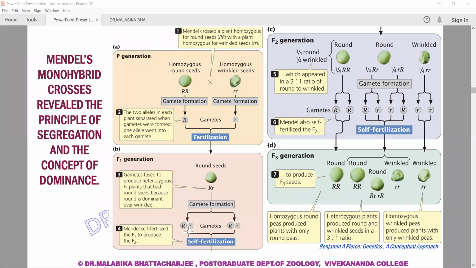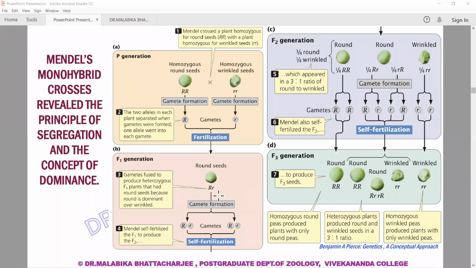Now the most important part of the conclusion from this cross was the concept of dominance. He proposed that the traits that remain unchanged in the F1 heterozygous offspring, Mendel called them dominant, and the traits that disappeared in the F1 heterozygous offspring, he called them recessive.